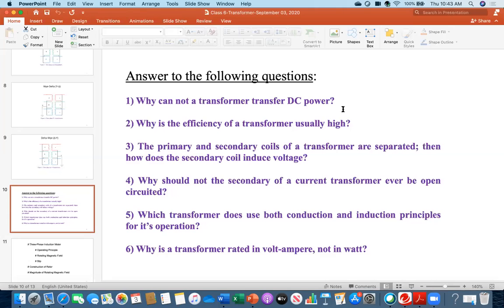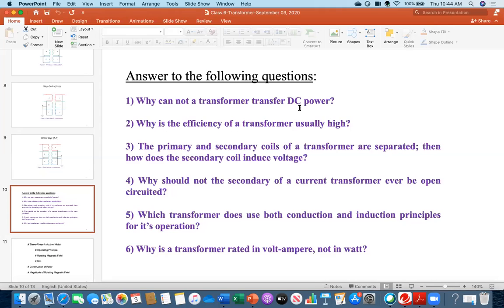Exactly. So this means that if you apply DC power on a transformer, then what is the type of the flux that will be produced? Is it constant or varying? It will be constant, right? If you apply DC voltage to a transformer, then it will produce the constant flux, I mean the DC flux.